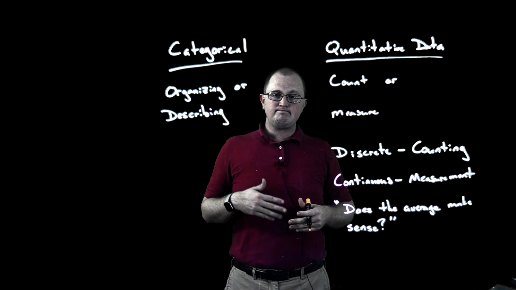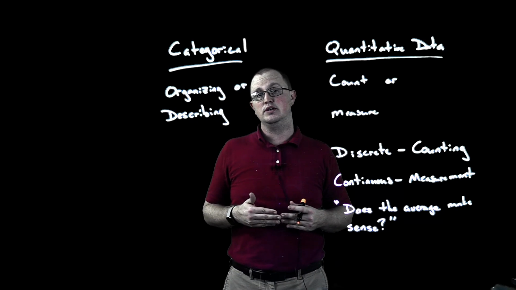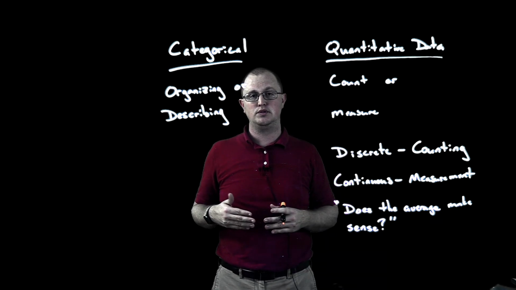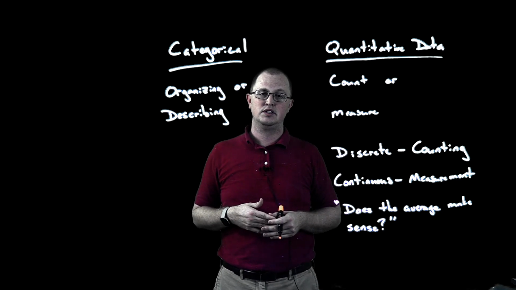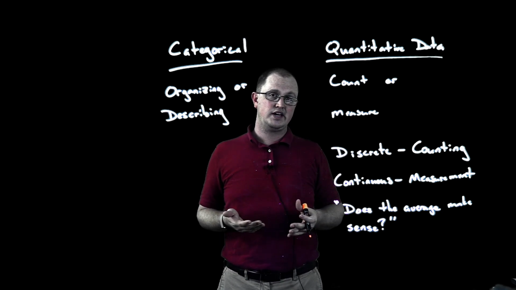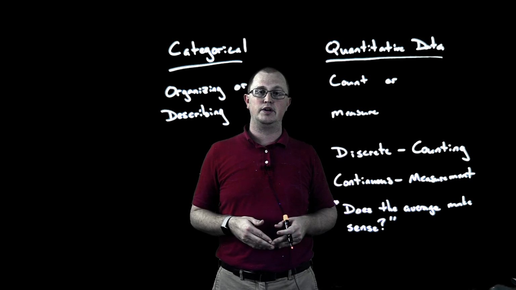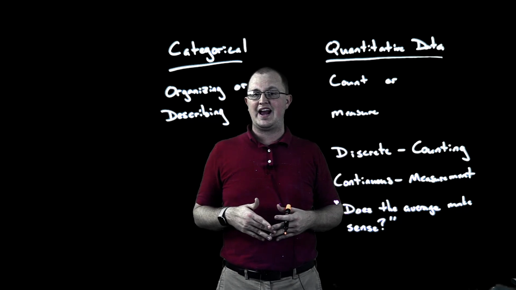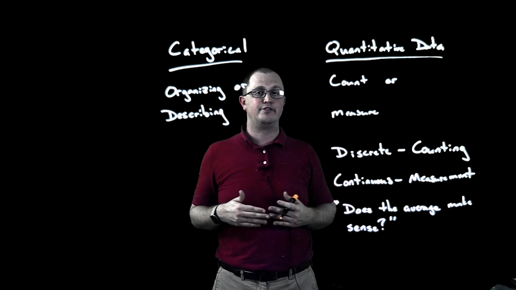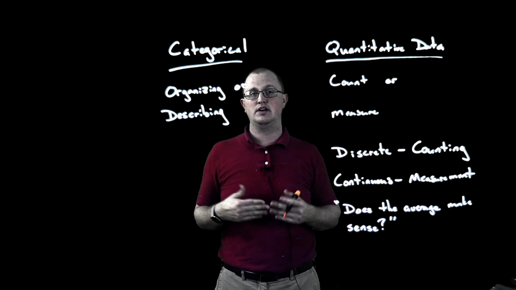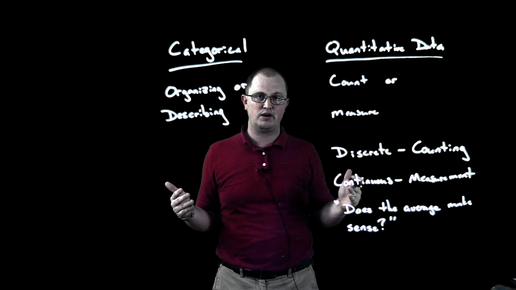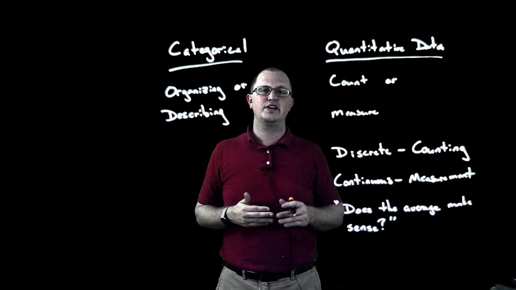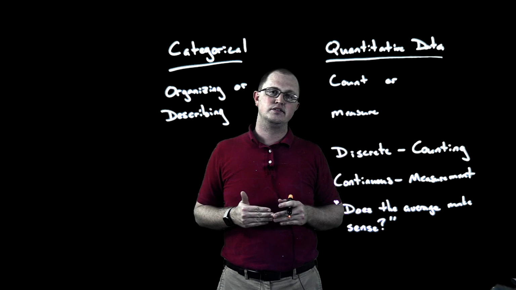However, let's look at something like zip code, right? If we're polling people, let's say in Kentucky, and we ask them to fill out their zip code, zip codes are technically made out of numbers, right? But if we were to ask a question like, what is the average zip code of a person in Kentucky, and say, well, let's add up all the zip codes and divide by however many people there are, the number that comes out of that does not make sense.